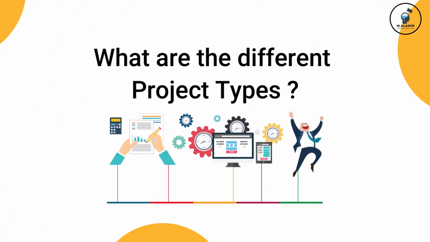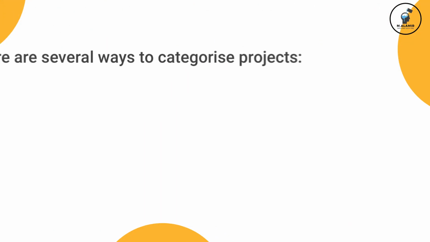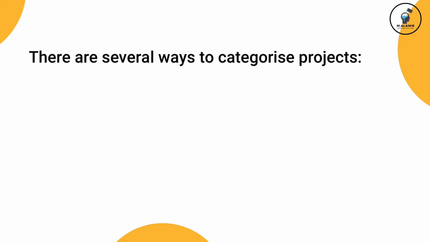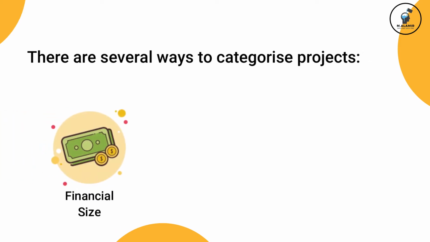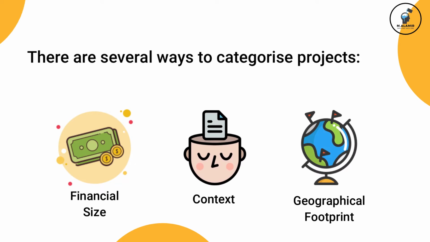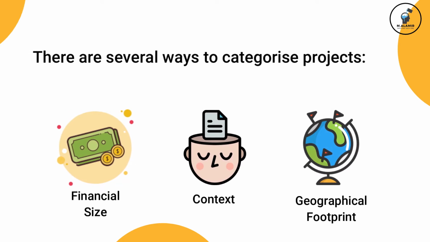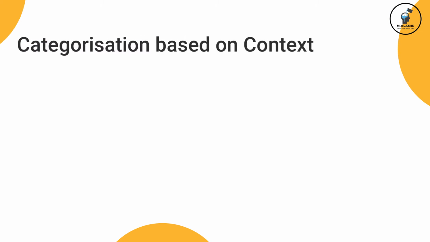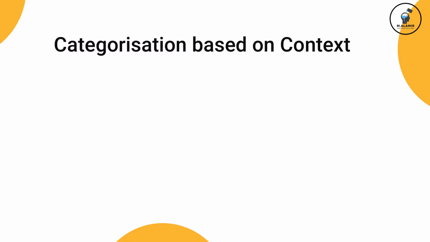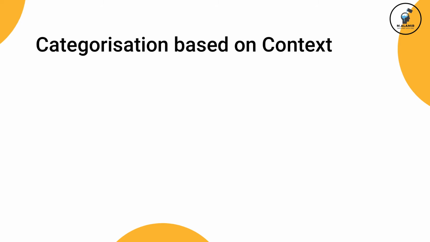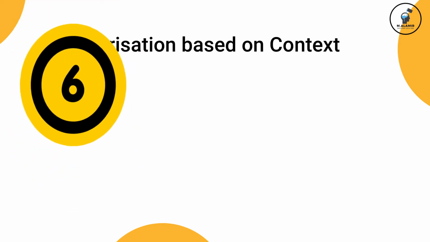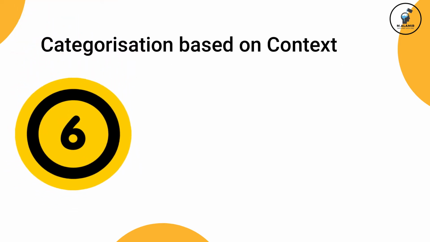What are the different project types? There are several ways to categorize projects based on the size, context, or geographical footprint, etc. We will be discussing in the episode today the categorization based on context. In general, there are 6 fundamental categories that define the context of projects.